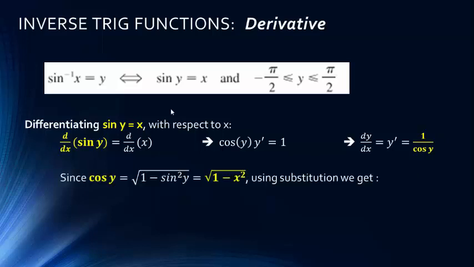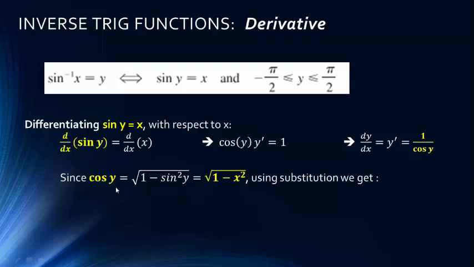Now remember that cosine squared plus sine squared equals 1, so cosine y would equal the square root of 1 minus sine squared y. We only have to consider the positive because of the domain that we're looking at. And we already said that the sine of y is equal to x, so sine squared y would simply equal x squared.